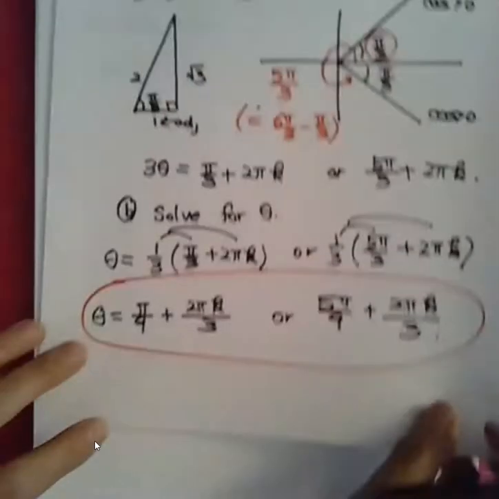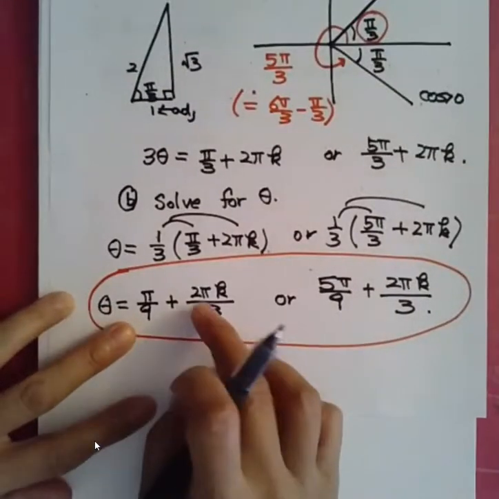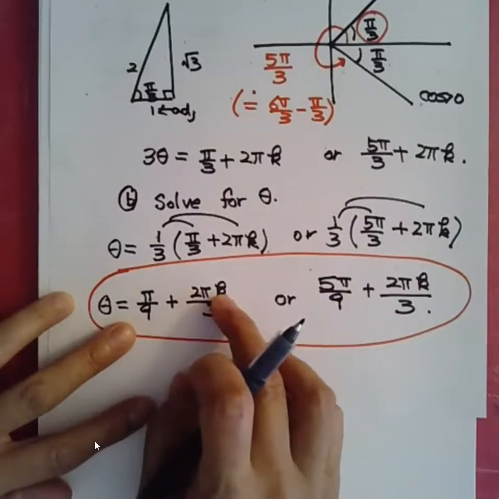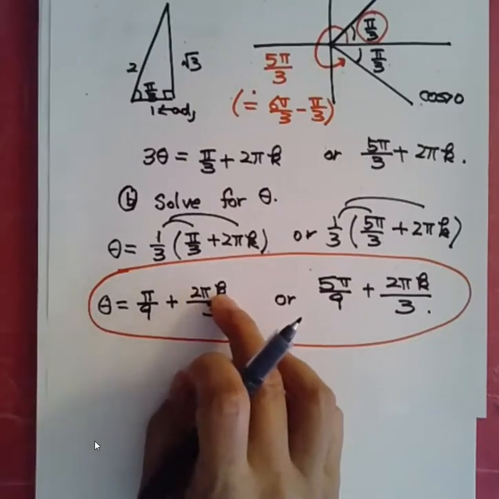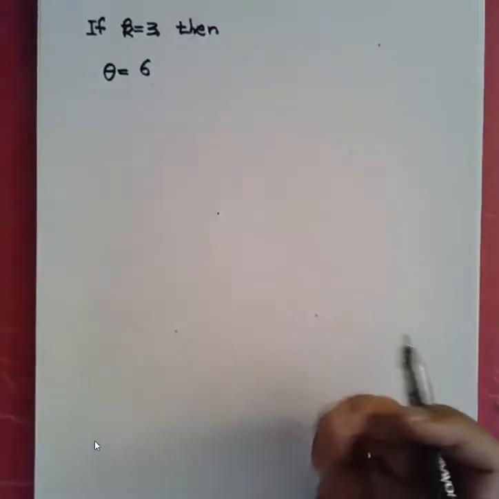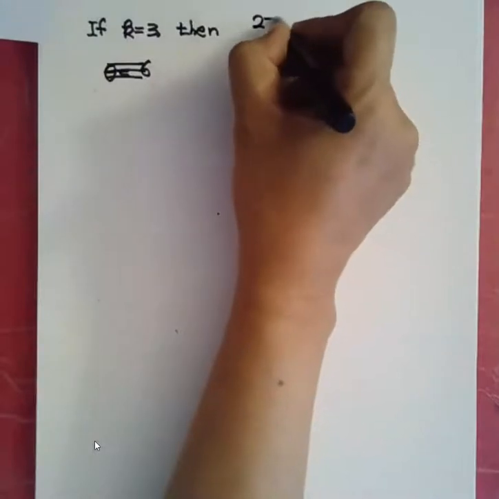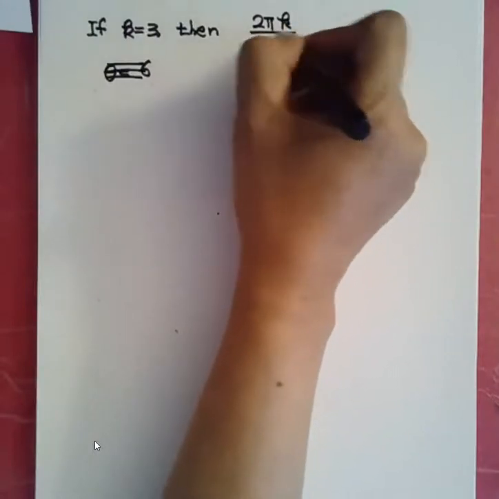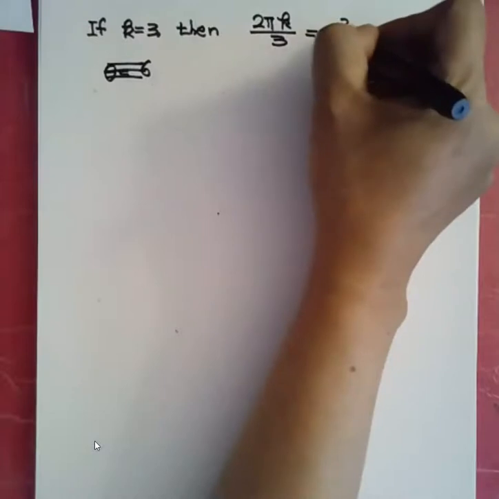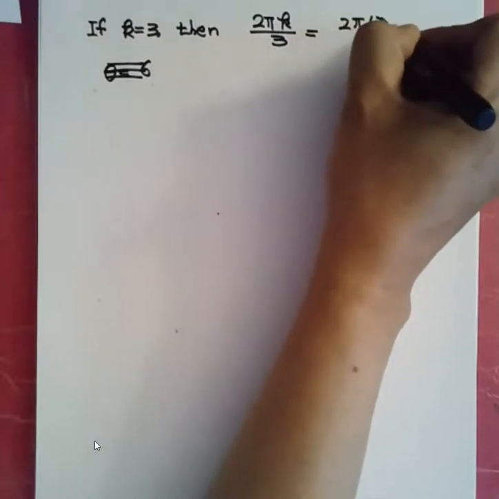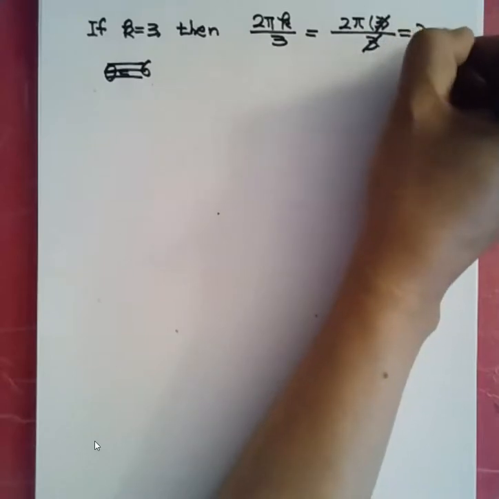So k equals 3, so this one will be 6 pi over 3, right? K equals 3, then 2 pi k over 3 will become 2 pi times 3 over 3. Those two will cancel each other, so we are getting 2 pi.